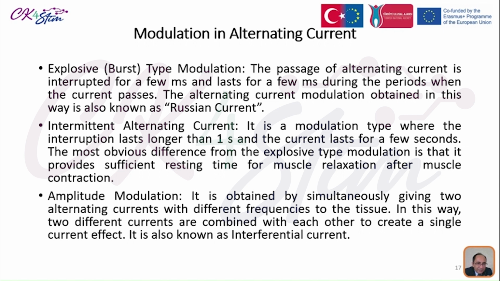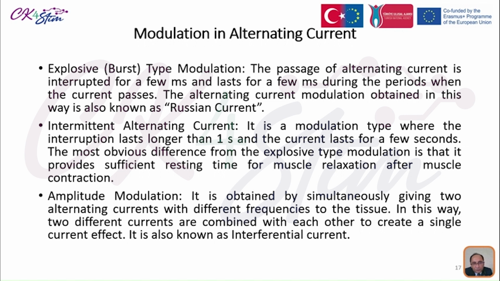Intermittent alternating current is a modulation type where the interruption lasts longer than 1 second and the current lasts for a few seconds only. The most obvious difference from the explosive type modulation is that it provides sufficient resting time for muscle relaxation after muscle contraction.